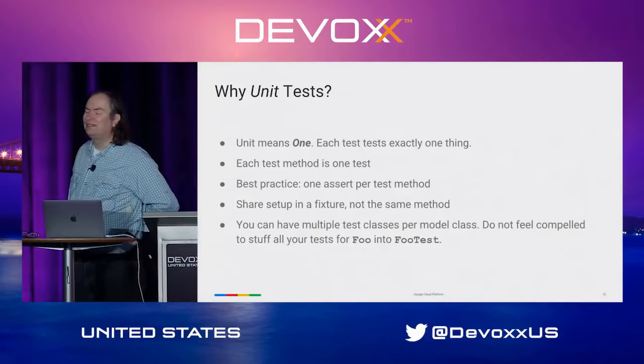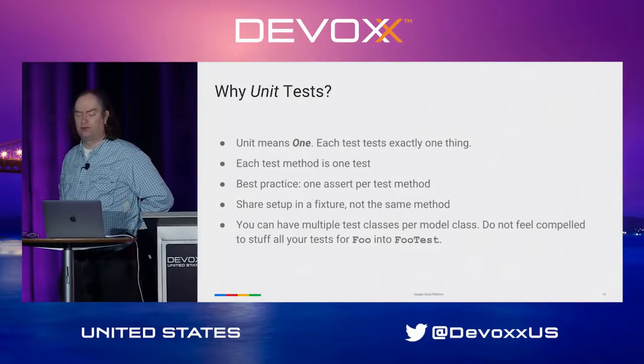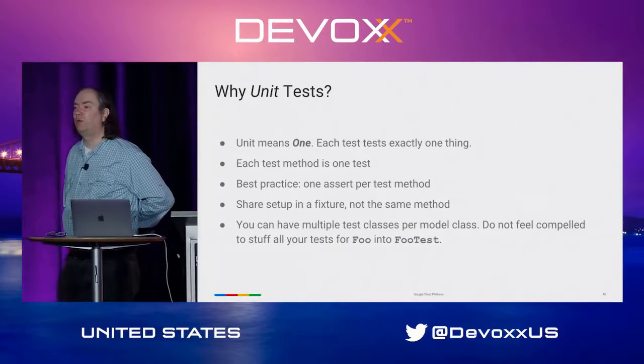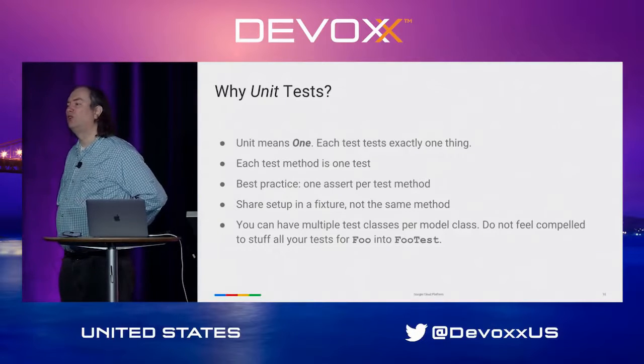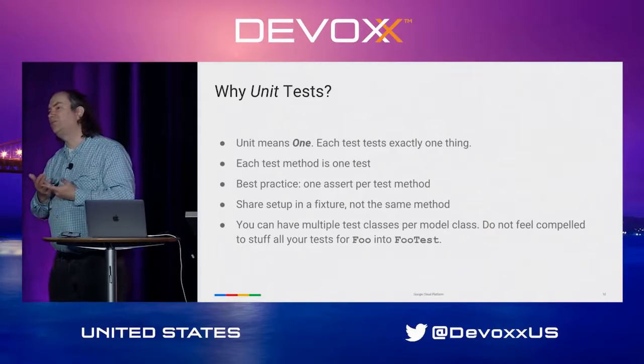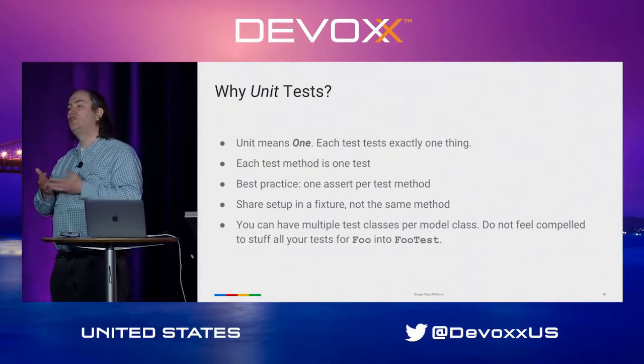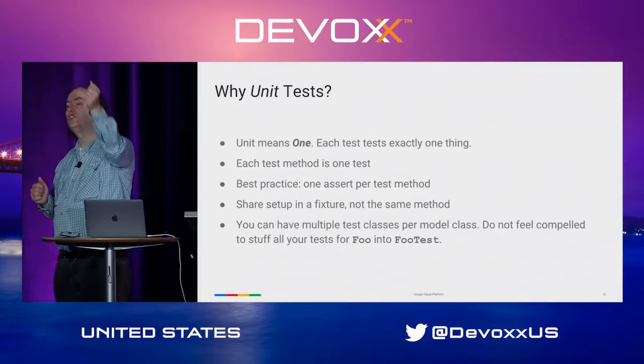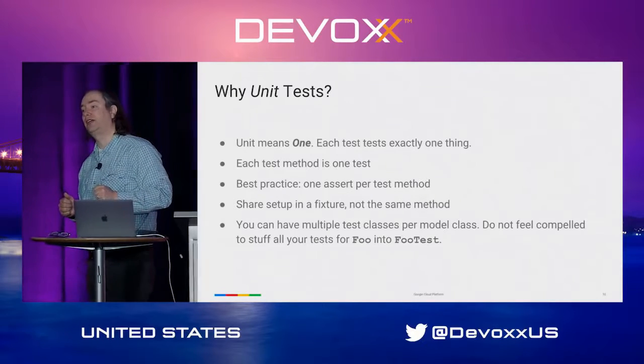Best practice that is often observed more in the breach, one assert per test method. Each test method makes exactly one assertion. And if you want to set up your list and then assert 10 different things about that list, the way JUnit at least expects you to do that is you have 10 different test methods and they can share the same setup code to set up the list.